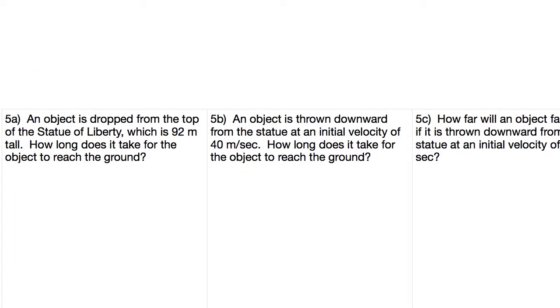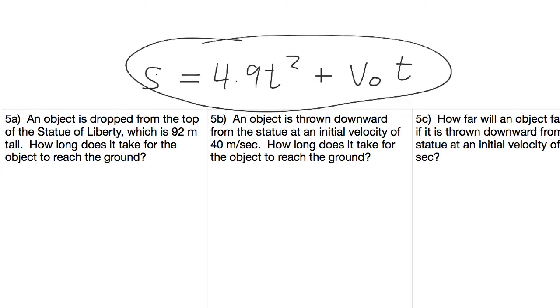Alright, good people, before we do the next three examples, which are related to each other, I want to give you another equation, very similar to a previous one that you've seen on the other page. S equals 4.9 t squared plus v0 t. The only difference between that one and the previous one is the 4.9. That's because this equation is used whenever you're talking about meters.